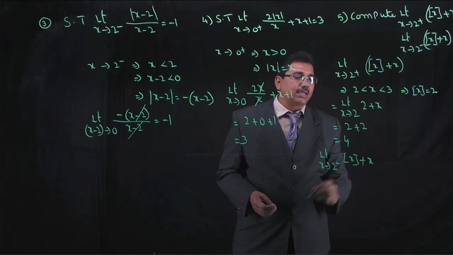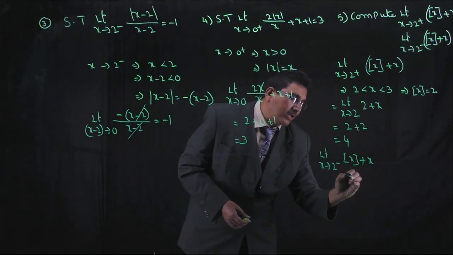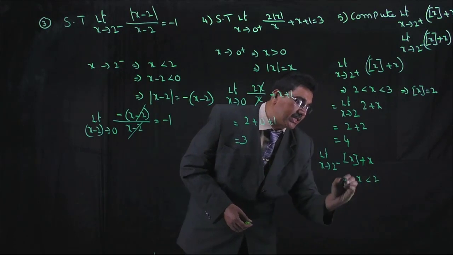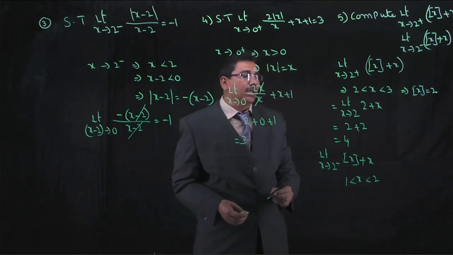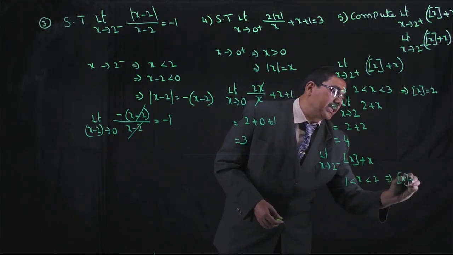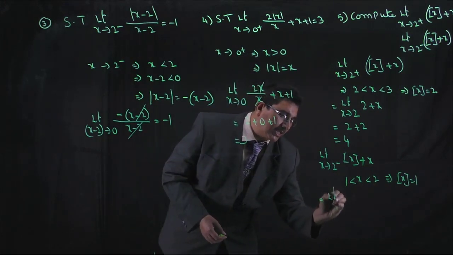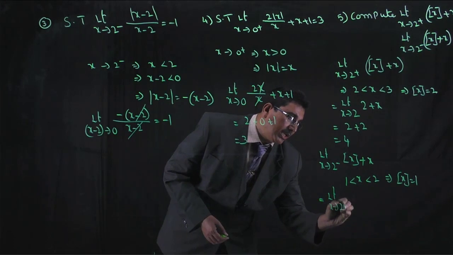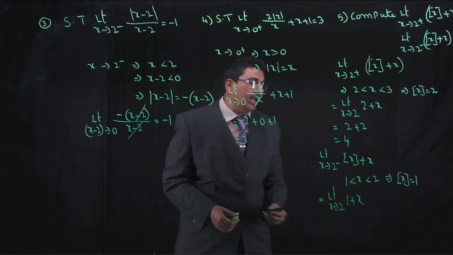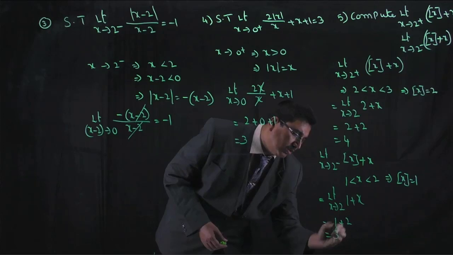As x tending to 2 minus, x is less than 2 and greater than 1, so box x is equal to 1. That is equal to limit x tending to 2 of 1 plus x. Now by applying the limit, that is equal to 1 plus 2, that is equal to 3.